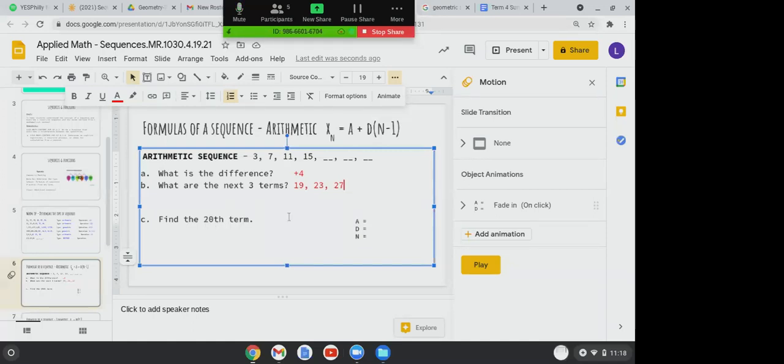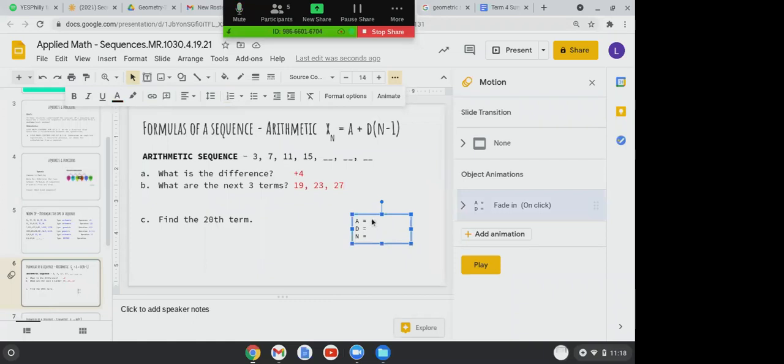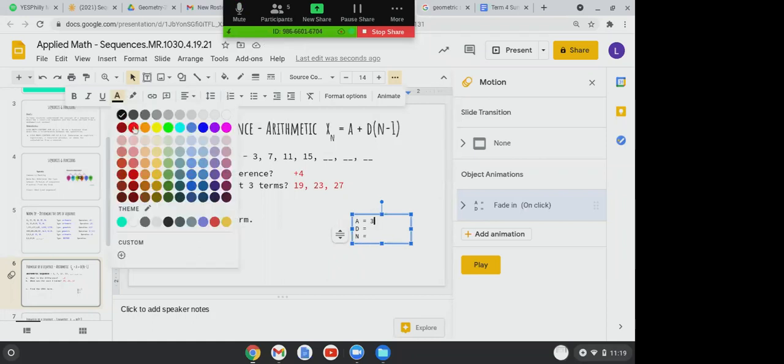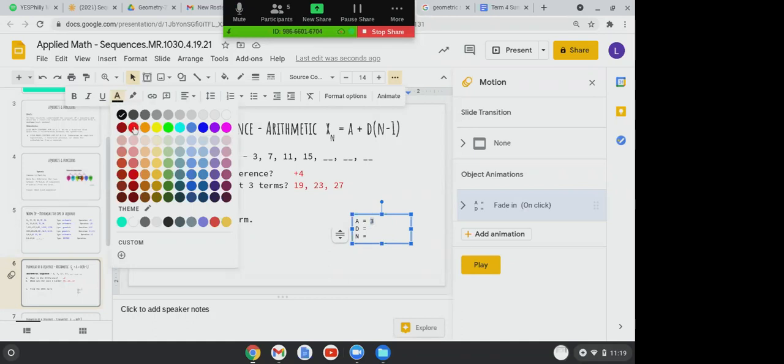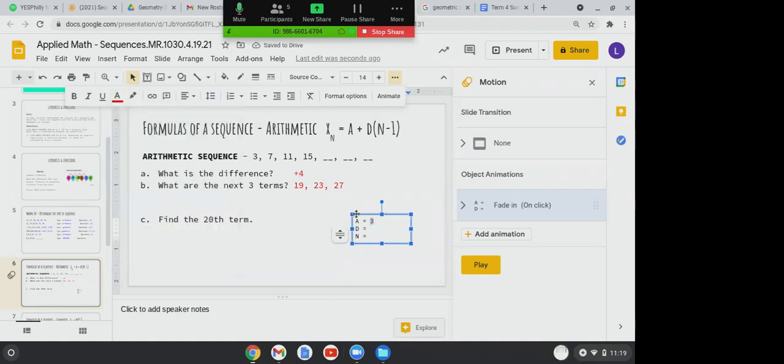So now let's pick our pieces. They say A is the first term of the sequence, so the value of A is 3. We found the difference to be +4.